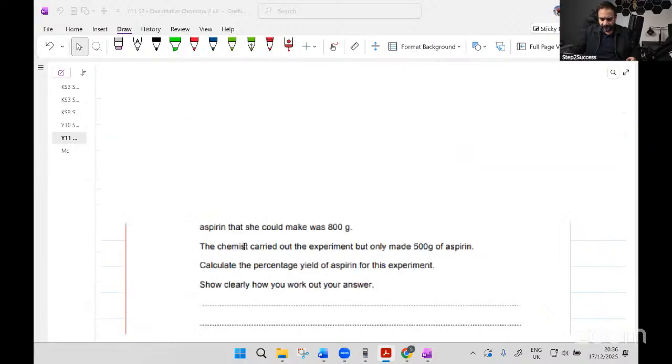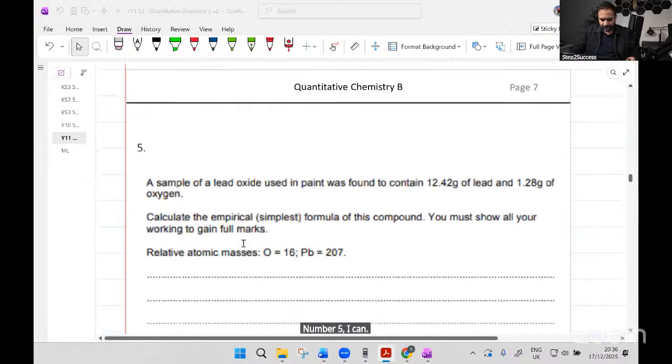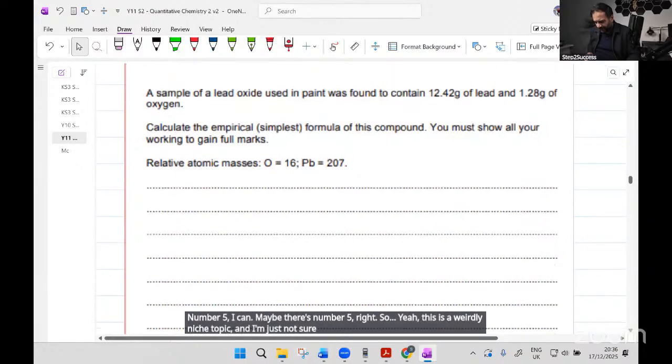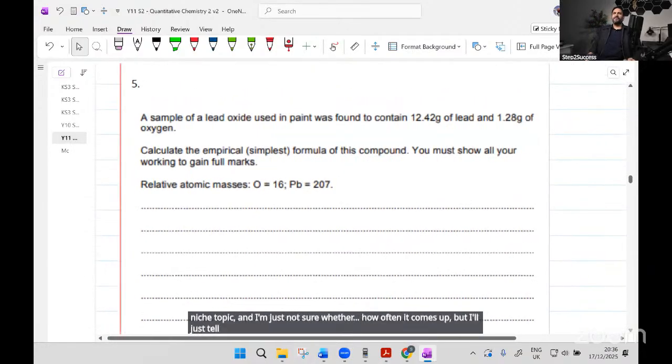Number five, I can. This is number five, right. So, yeah, this is a weirdly niche topic, and I'm just not sure how often it comes up, but I'll just tell you it's quite easy to do once you do that.